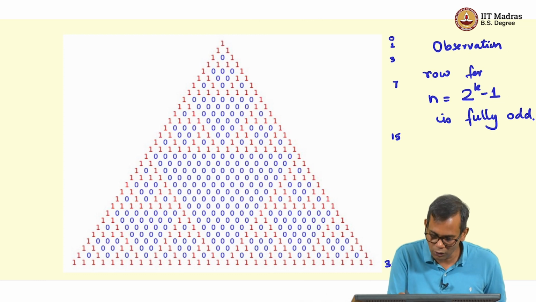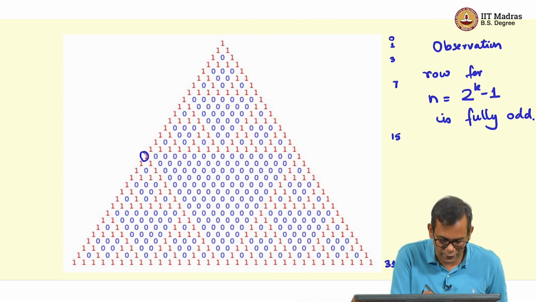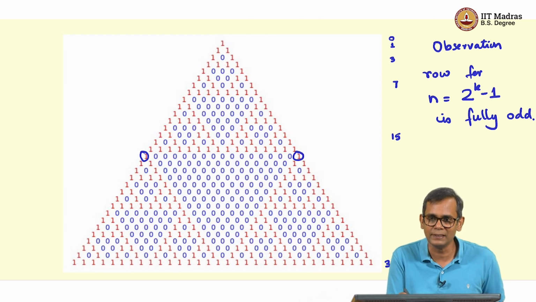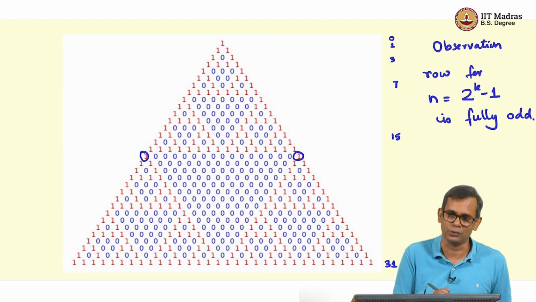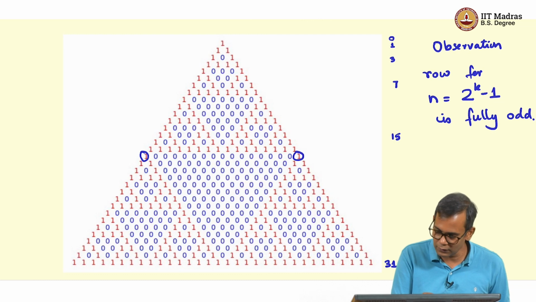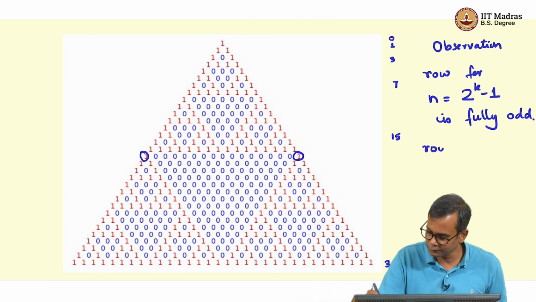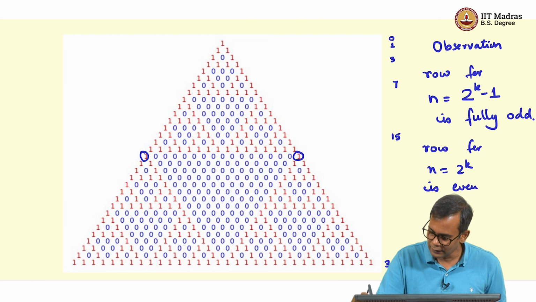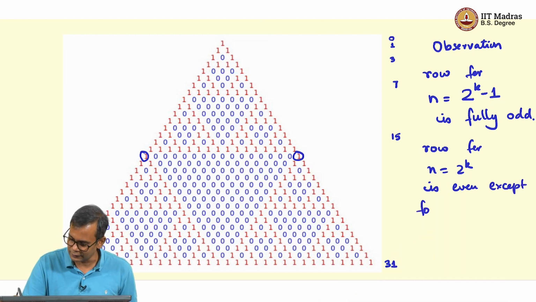Well, if you have a row of ones, of course, you will always start with something odd and end with something odd, but in between you will always get zeros, because 1 plus 1 is 0 mod 2. So, the row following it, the row for n equals 2 to the k, is almost fully even, except for the first and last entry.